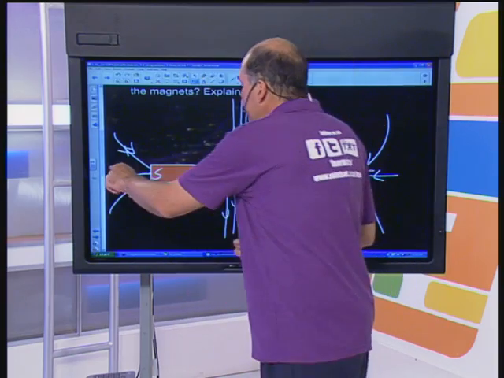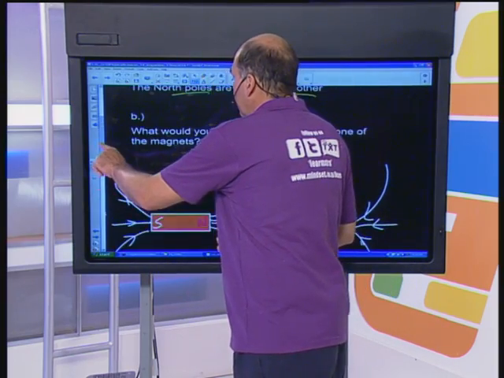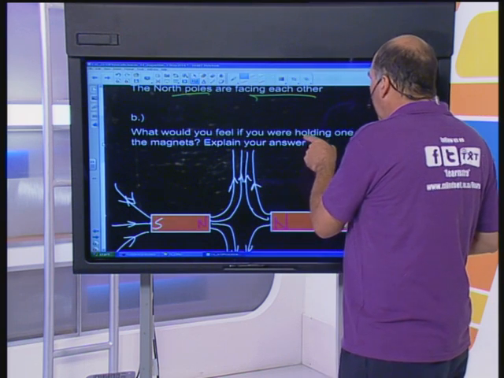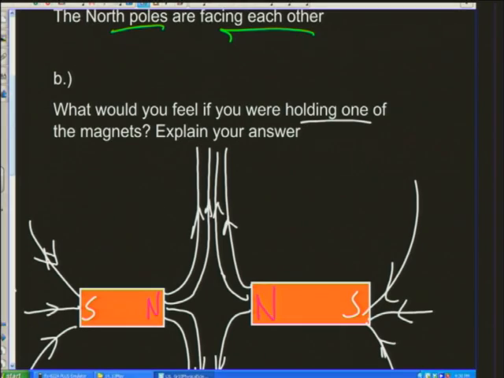If you do geography, you'll know this: when contour lines are close together, it's very steep. Here, when lines are close together, it's a very strong field. So, to answer the second part of the question, what would you feel if you were holding one of the magnets? You would feel a force of repulsion.